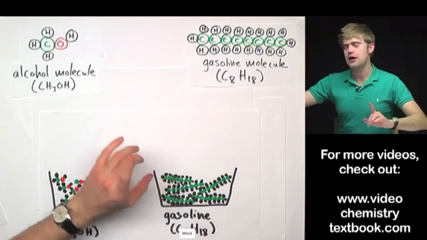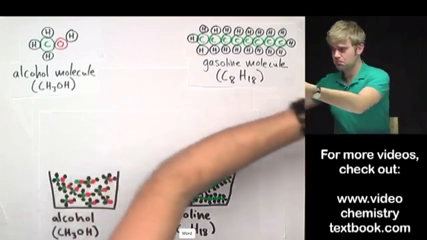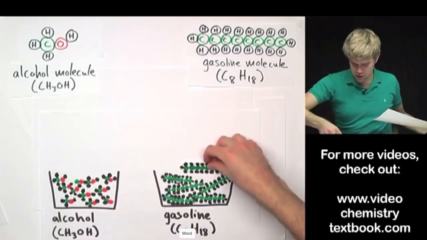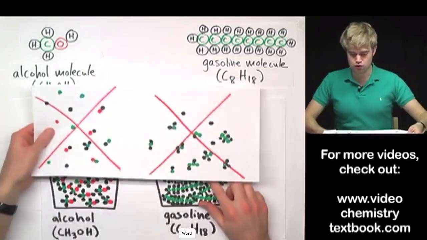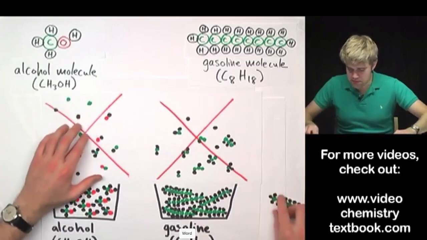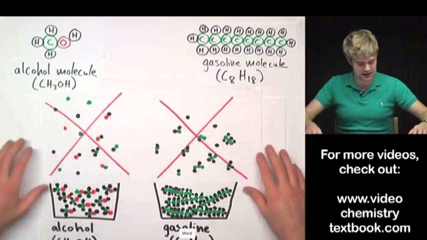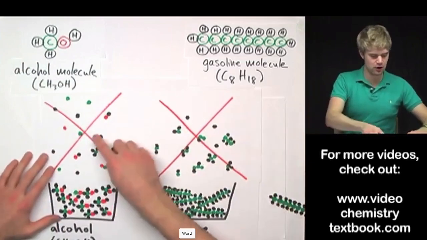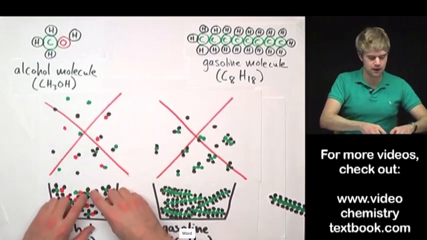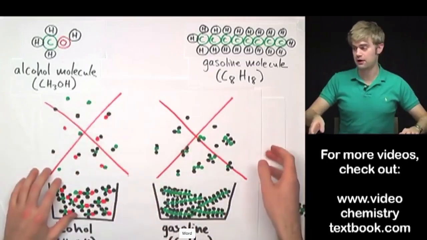Here's the point though. Here is the wrong way to think about evaporation. If a gasoline molecule looks like this, the wrong way to think about it is that these molecules would come apart into the pieces and into the individual atoms. And the same thing here with the alcohol. This is wrong. These molecules here have split apart into atoms and pieces of molecules.